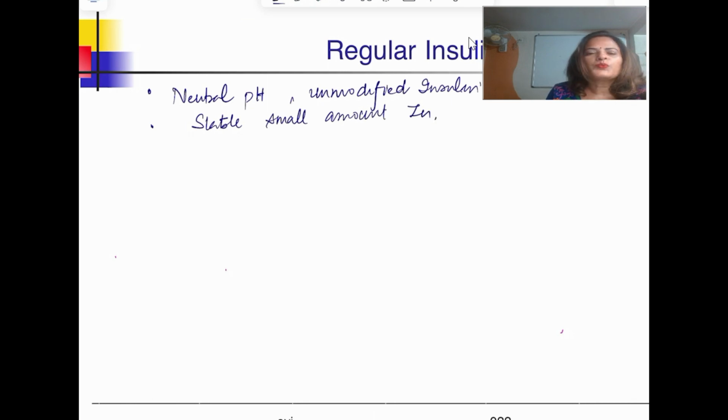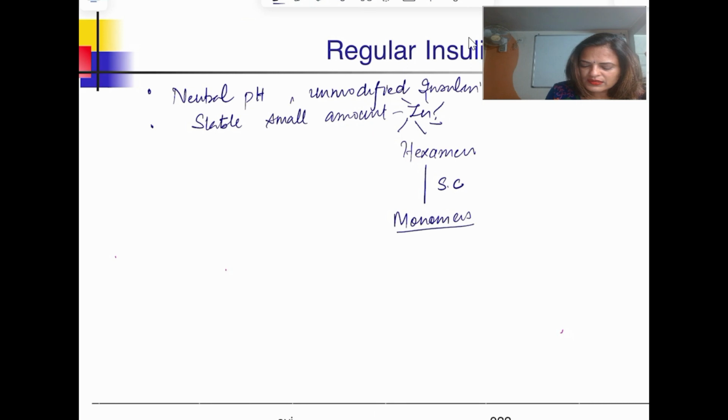With that small amount of zinc, all the insulin molecules form stable hexamers. So as soon as you give this by subcutaneous route, what will happen?